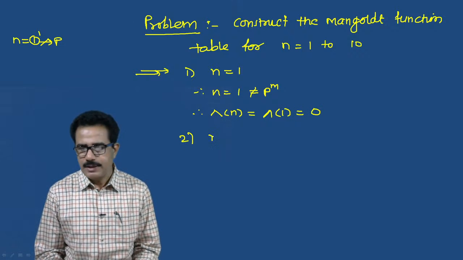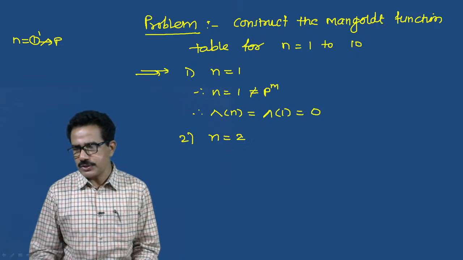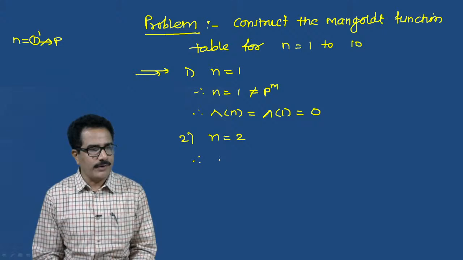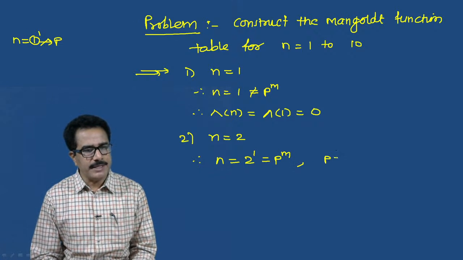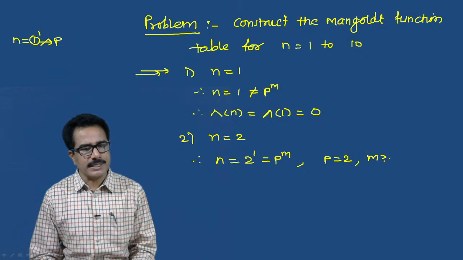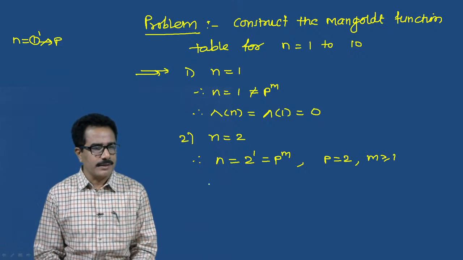Second, if we take n is equals to 2, now take n is equals to 2. Therefore, n is equals to 2 raised to 1, that is equals to p raised to m. Here p is equals to 2 is a prime and m is greater than or equals to 1.